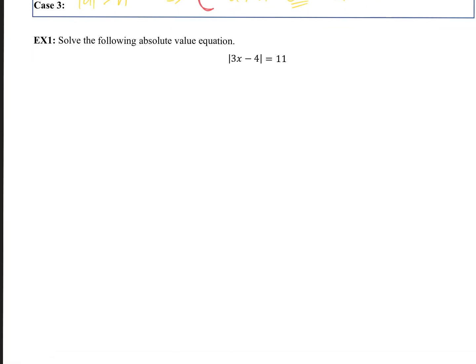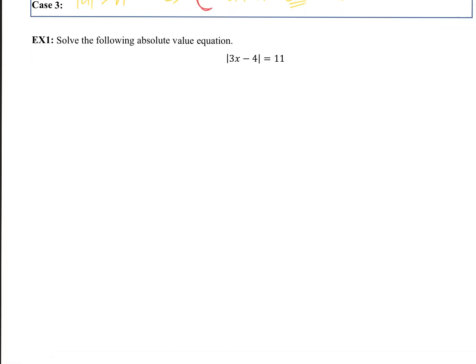Alright, so example 1. Solve the following absolute value equation. First off, is it an absolute value equation? The answer is yes, we have absolute values. And then, what sign does it have? Well, it has an equal sign. These ones are usually a little simpler to solve. And one other thing to note is that the absolute value is entirely by itself, which we want in order to solve. So let's go ahead and simplify that.